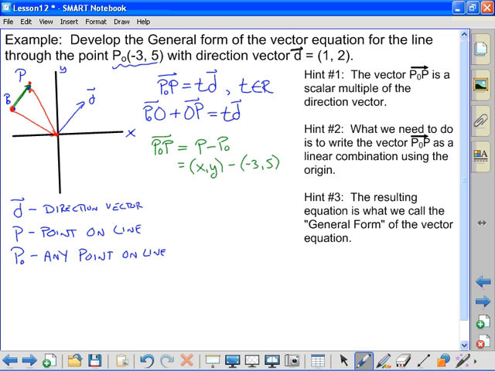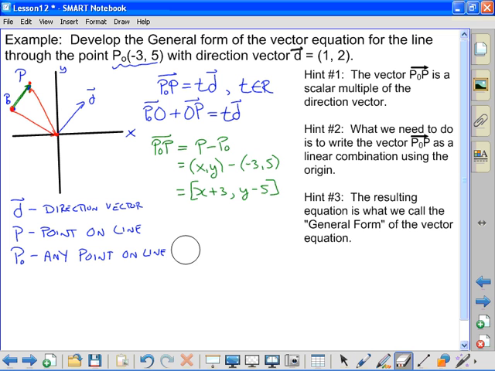So again, point P is any point on this particular line. Okay. So we end up with the vector x plus 3 and y minus 5. So that's what P naught P is equal to. But I didn't want that.